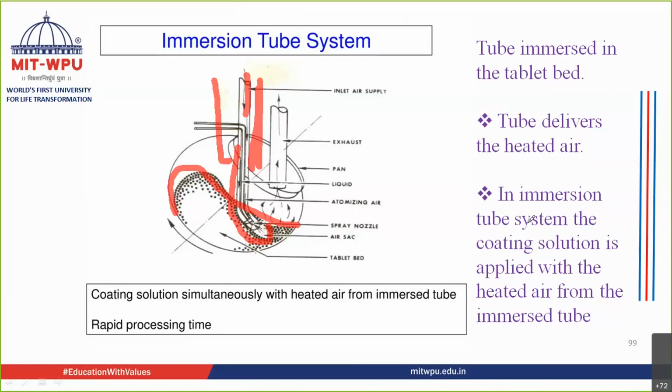In the immersion tube system, the coating solution is applied with the heated air. If you see over here, from here the coating solution is applied, and from here the air is applied. So the coating solution and the air are applied simultaneously inside the bed of the tank.